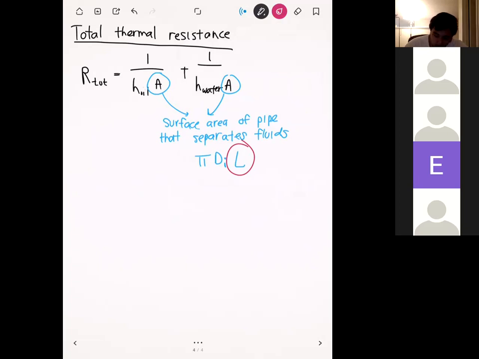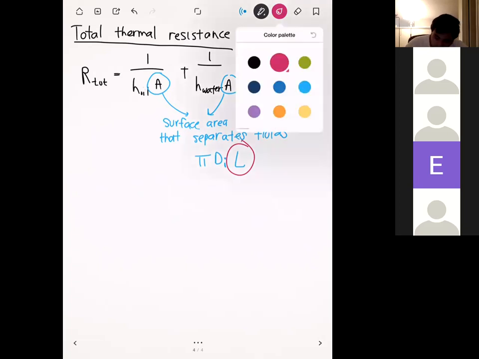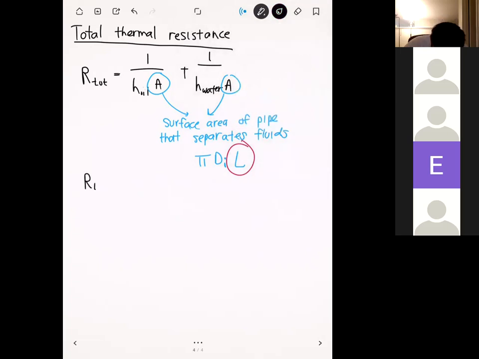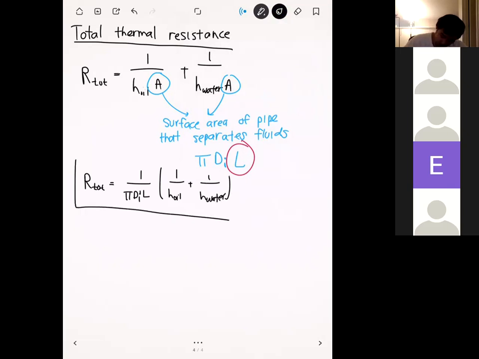If we plug in this area, our total resistance is equal to 1 divided by pi D_I L times 1 over h_oil plus 1 over h_water. I don't have the values plugged in for this one, but you can plug them in and just have an expression multiplied by L.